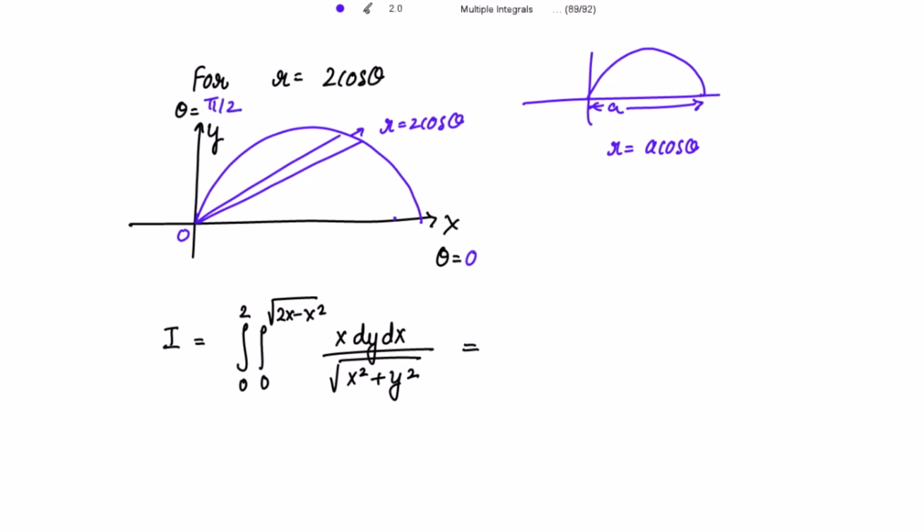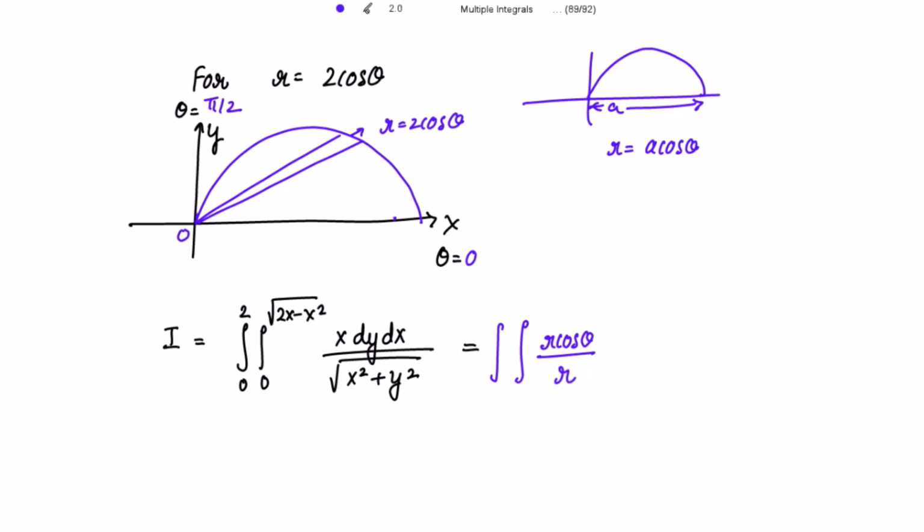So integrating this double integral, just writing the limits, replacing x with r cos theta, and square root of x square plus y square is r square. You can also write it as r only here in the denominator.